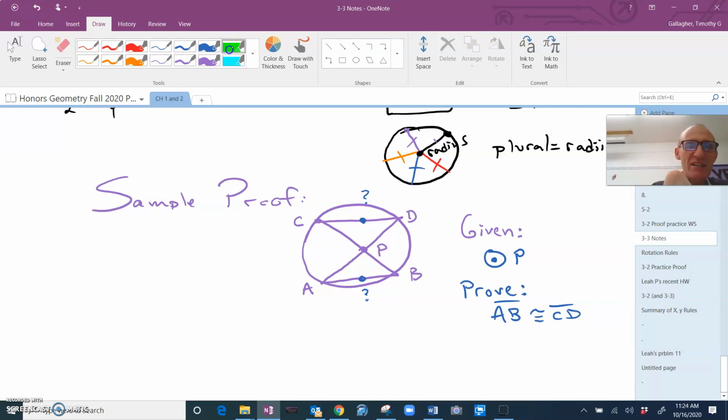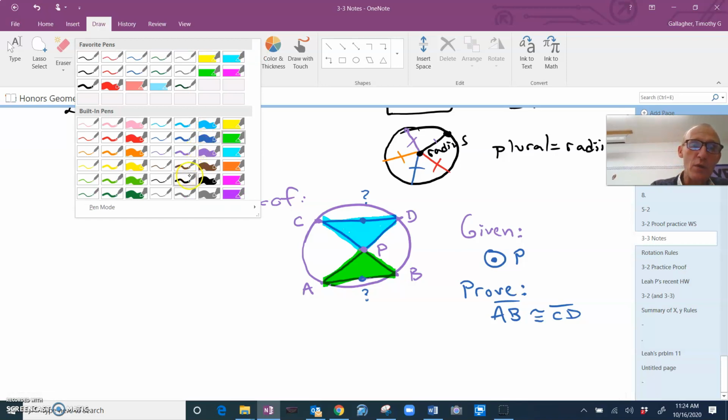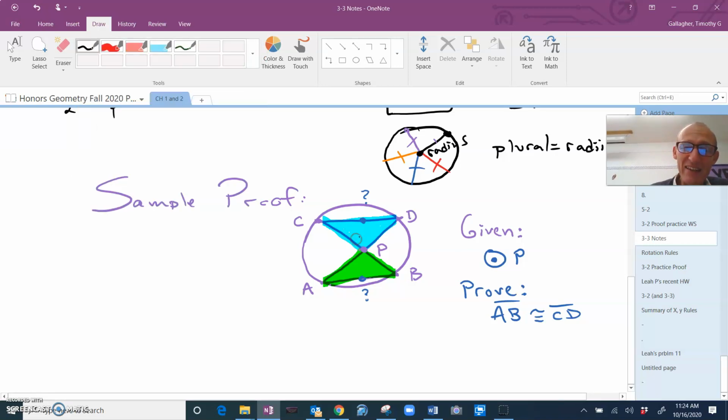Now, you can see that we have two triangles. You need to see that this angle and this angle are vertical angles. That's from the previous section.